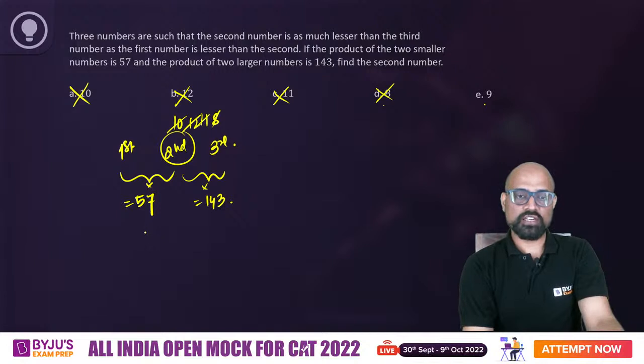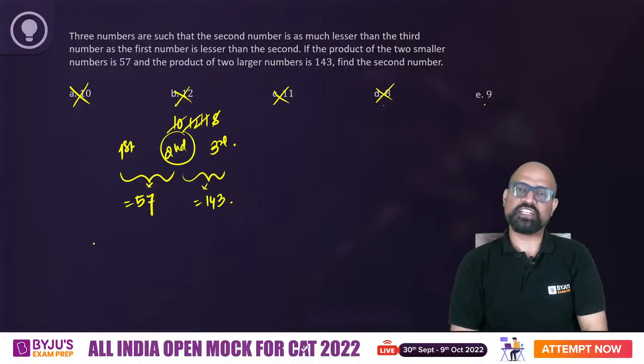Acha. So the thing is, second number is much lesser than the third number as the first number is lesser than the second. हाँ ये तो ठीक है. इसमें दिक्कत क्या है? 57 is not in the table of 9, no? 57 is in the table of 19.